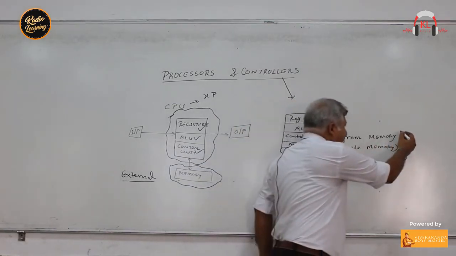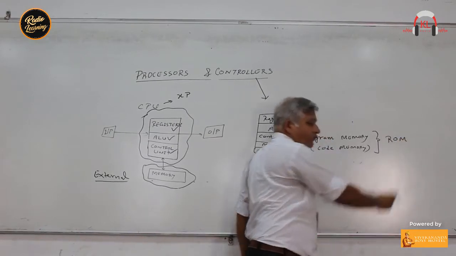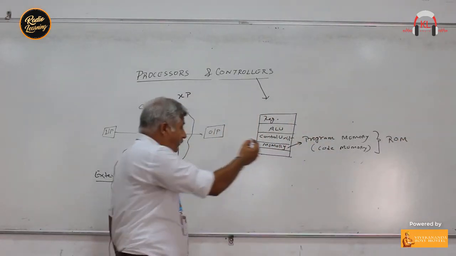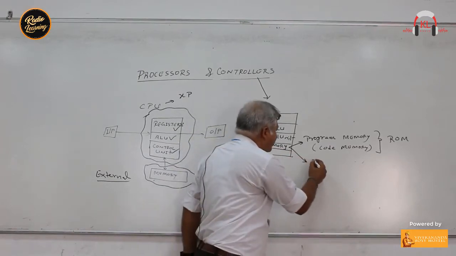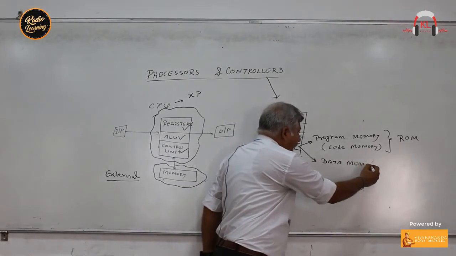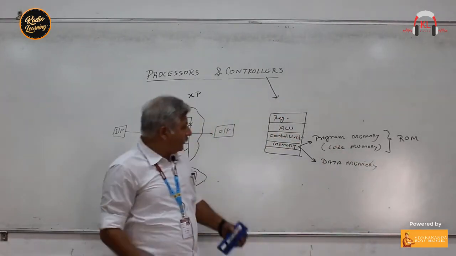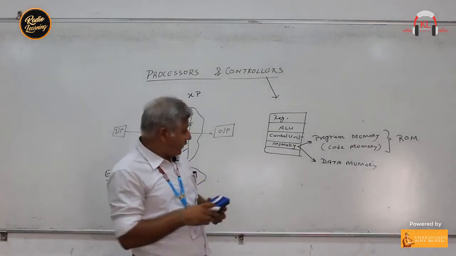And this memory is basically ROM, read-only memory. And the second type of memory is data memory. In data memory, we will store our values, our data, right?